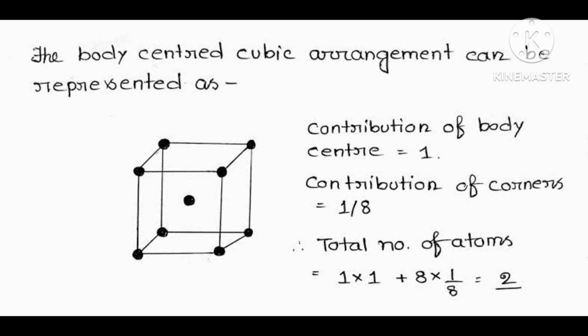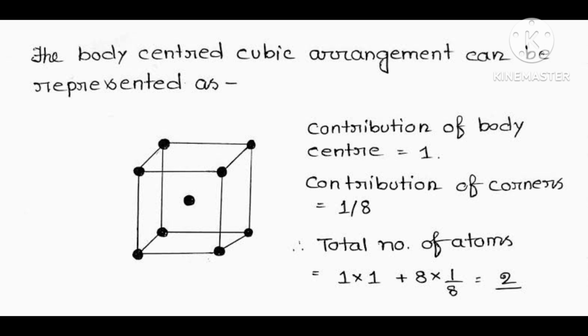The 8 cancels, giving 1 atom. What I discussed is that you consider only 1 atom, but each corner of the unit cell has atoms, a total of 8, 4 up and 4 down. If you consider 1/8 of an atom and there are 8 corners, that means 8 into 1/8, which equals a total of 1 atom.